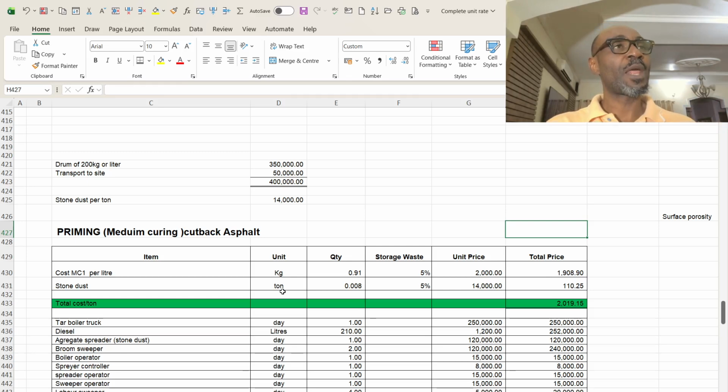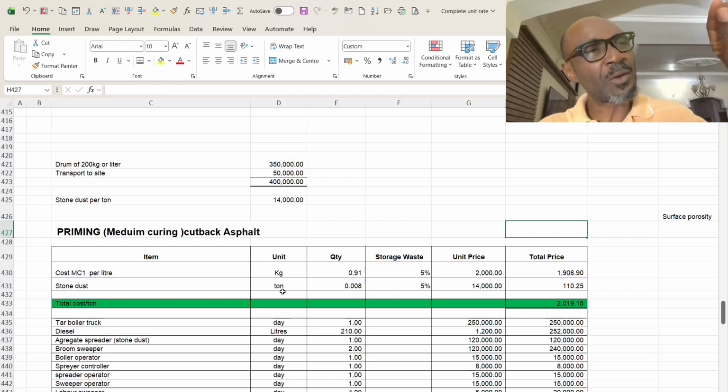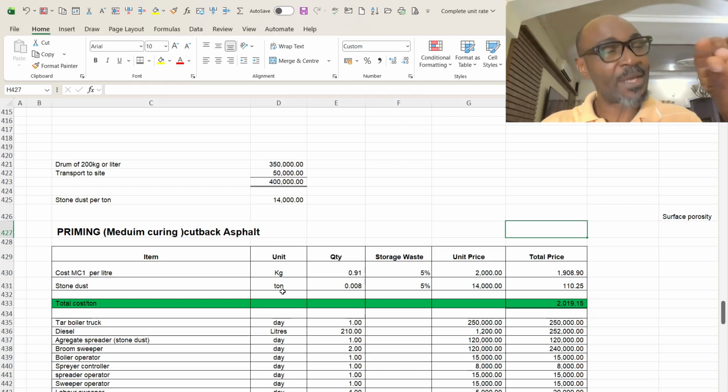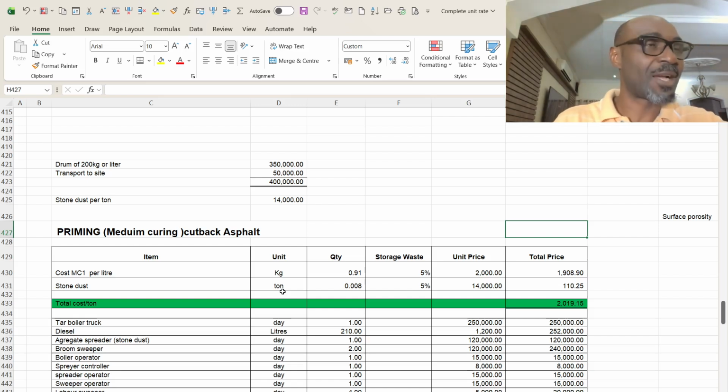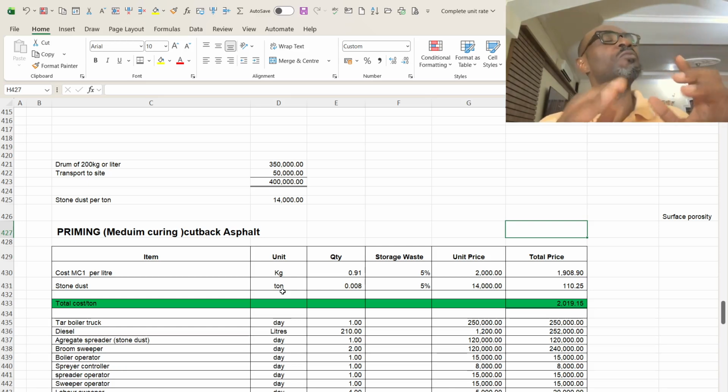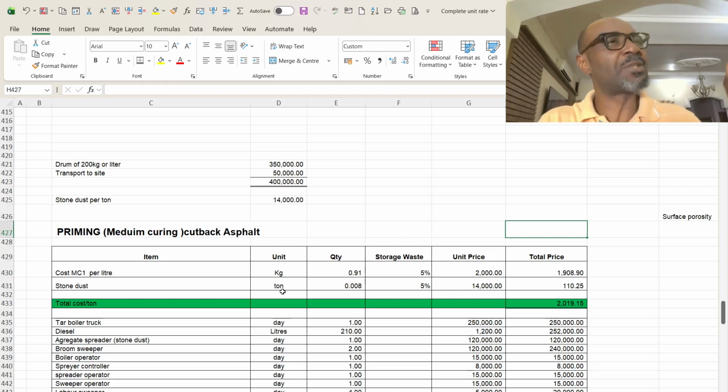Then for the stone dust, 1 square meter can be covered by an average of 4 to 5 kg. Usually the thickness of spread over the surface of the primer is between 4 millimeter to 5 millimeter. So by the time you compute 1 square meter by that thickness, you arrive at 4 kg to 5 kg.